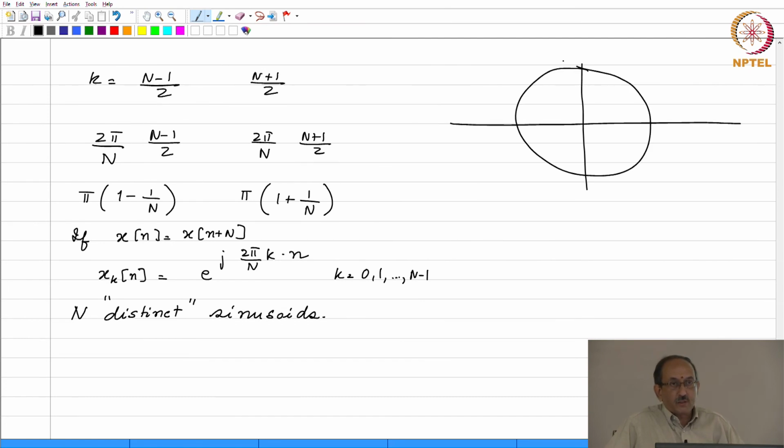So, we need to restrict ourselves only to the range 0 to 2 pi. So, we start off with omega naught equal to 0, and then we keep on increasing omega naught. For every value of omega naught you produce a sinusoid, and omega naught varies continuously from 0 to 2 pi.